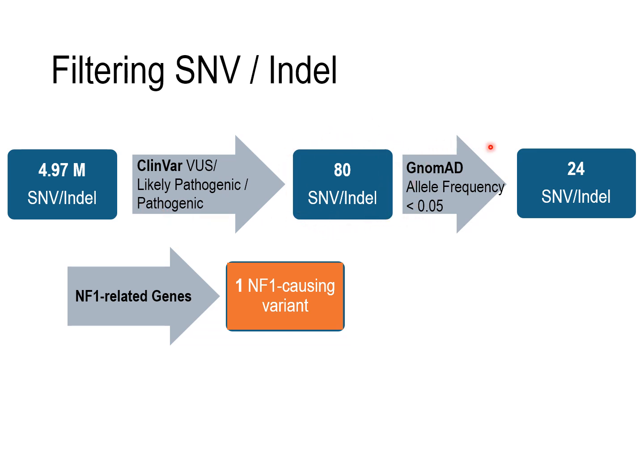Then we filtered for rare variants with a gnomAD allele frequency below 0.05, leaving us with 24 variants. Finally, we focused on variants in the NF1-related genes, which led us to identify just one NF1 causing variant.